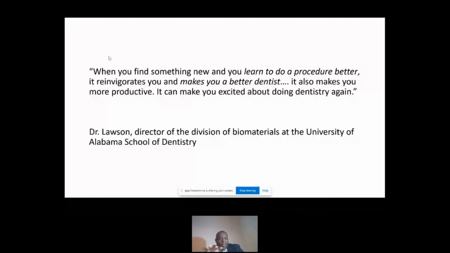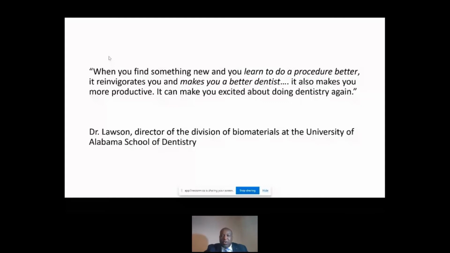But when we learn something new, a new procedure, a new technique, a new product, what effect does it have on us? Well, as Dr. Lawson says, it reinvigorates us. It makes us a better dentist, and it also makes us more productive. And we become excited about doing dentistry again.